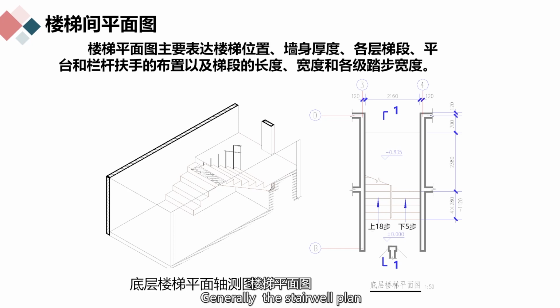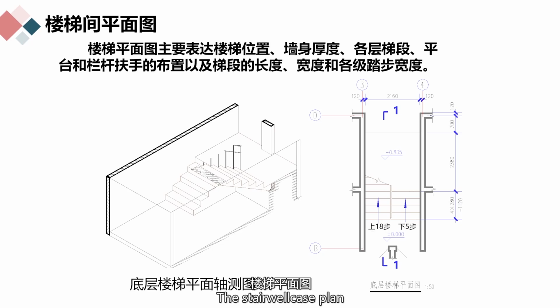Generally, the stairwell plan should be drawn layer by layer. If the stairwell construction, structure, and dimensions of the intermediate floors are the same, only the stairwell plans of the ground floor, the intermediate floor, and the top floor can be drawn.